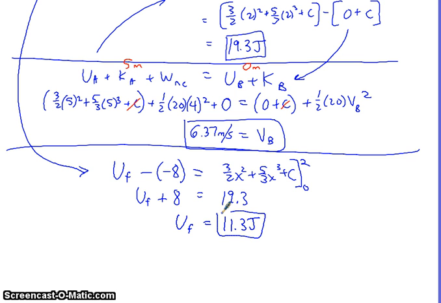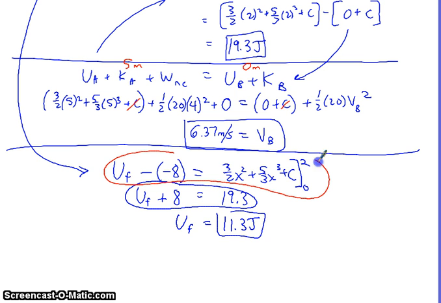And then they ask us about the speed. What I want you to notice is that we were finding the potential energy earlier by using this part of the equation, 3/2 x squared plus 5/3 x cubed plus c. That was really our formula for potential energy.